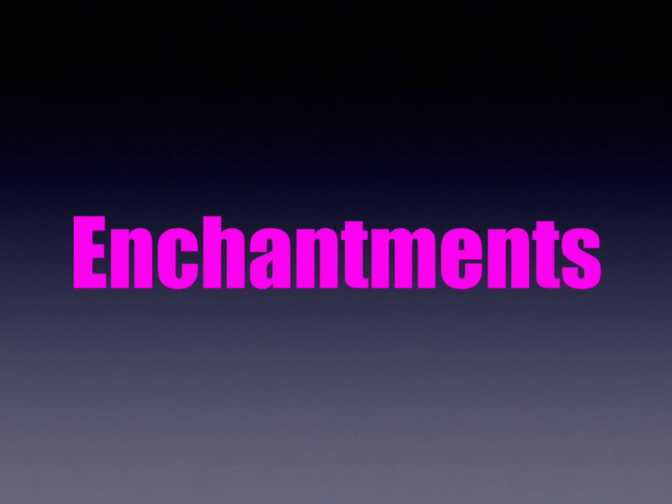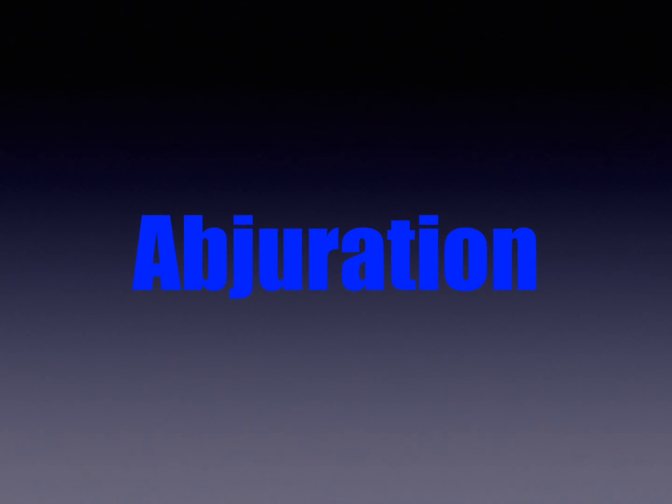Next, we have abjuration. Abjuration is the protection magic. With that, you need to use adjectives depending on what kind of shield you want to make, and also the destination for what it's protecting.